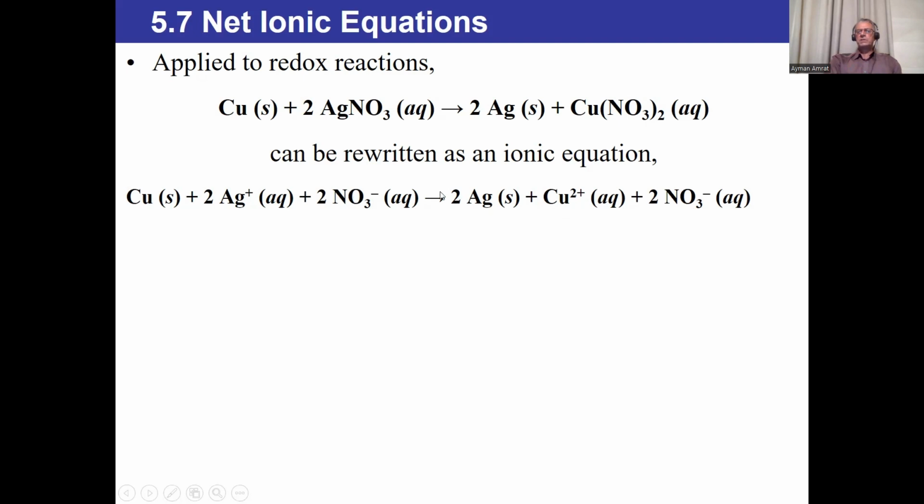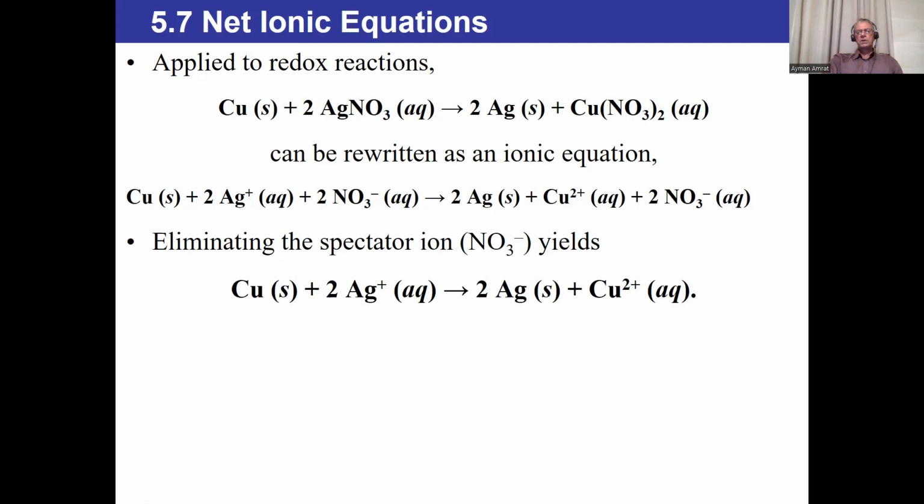2NO3- are spectator ions and can be cancelled. The spectator ion in this case is NO3-. The net ionic equation is copper solid plus 2 Ag+ produce 2 Ag solid and Cu2+ aqueous. After cancelling the spectator ions, the net ionic equation is written.